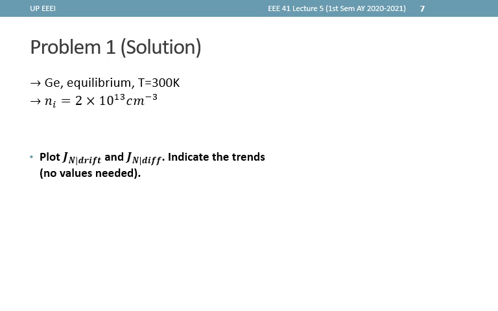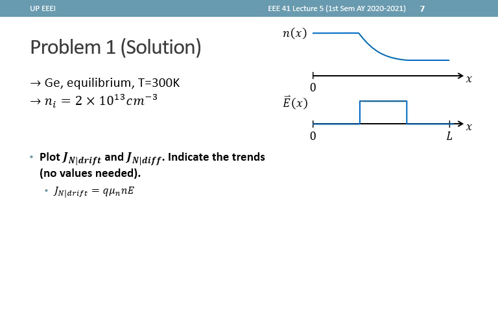For the next part, we need to plot Jn drift and Jn diff and indicate the trends. No values needed. So to start, we first write the formula for Jn drift, and that is equal to Q mu N times E. However, we already obtained the plot for N and the electric field, while Q is a constant, and we'll also assume that mu N is just some constant.